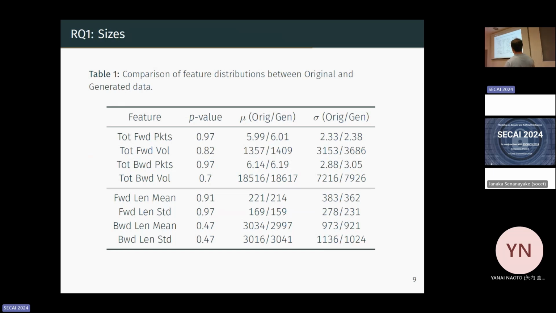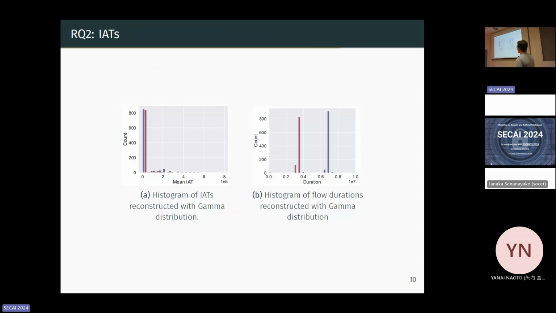And for the inter-arrival times, which we don't record exactly, we find that certain distributions are pretty bad.